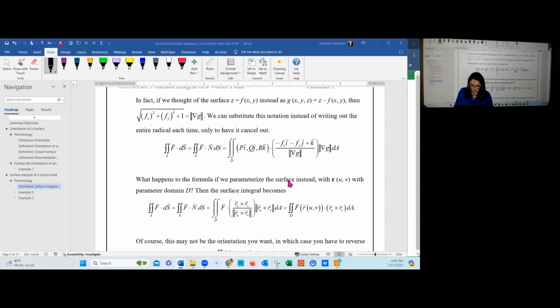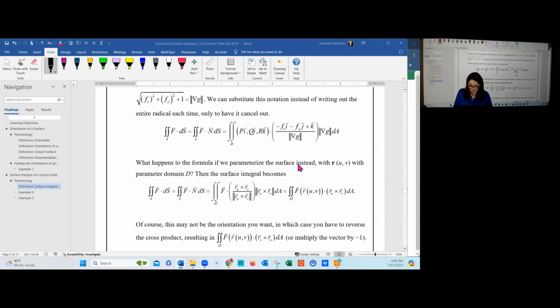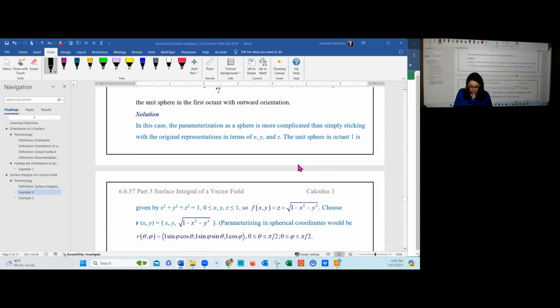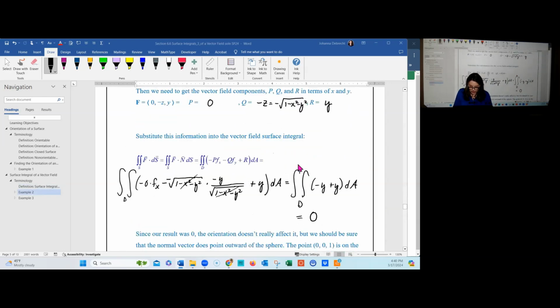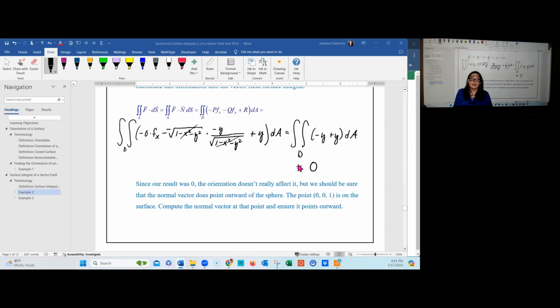The opposite of the partial with respect to x in the i hat direction minus the partial with respect to y in the j hat direction plus 1 k hat. Go ahead and compute that normal vector at the point 0, 0, 1 and see if when you plot it on that part of the sphere, it does point outward. Then turn the video back on and we'll work it together.